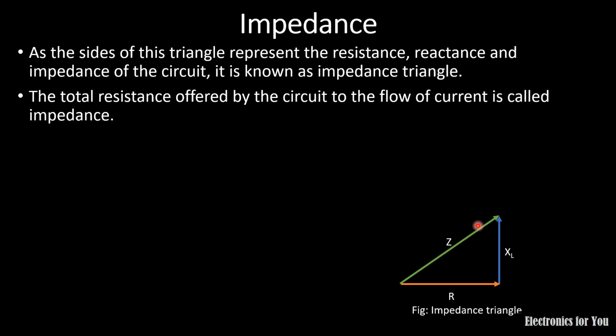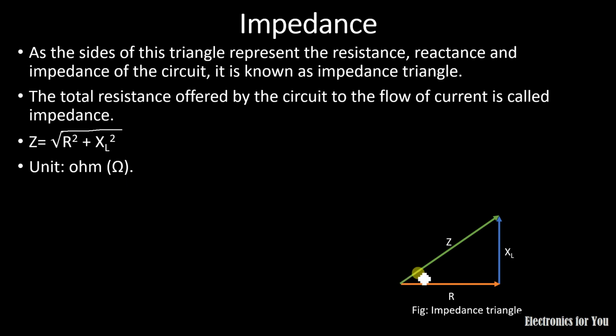Now the total impedance Z of the circuit is the total resistance offered by the circuit to the flow of AC, and it is given by the Pythagoras theorem. Applying it, we get Z equals the square root of R squared plus XL squared, and the unit of impedance is also the ohm, denoted by the omega sign.